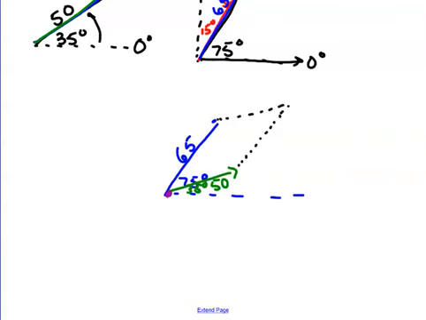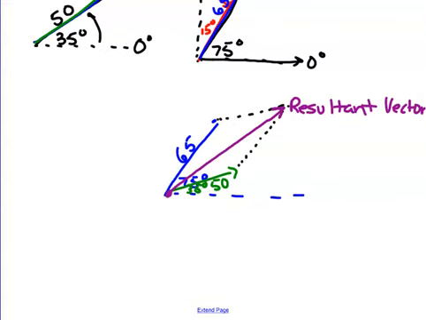But then the resultant vector, so I'm trying to put the two ends together. So I'm putting that green 50 together with the blue 65, and this is the resultant vector. That's what we want to know the magnitude for and the direction.